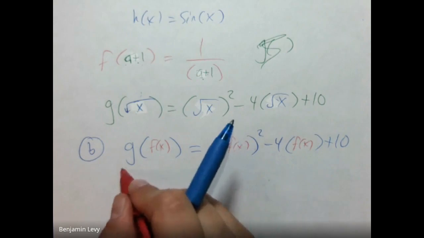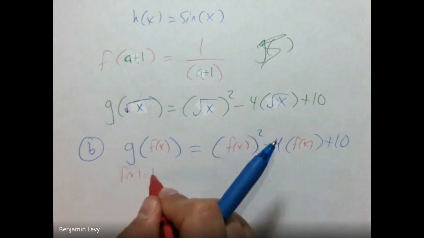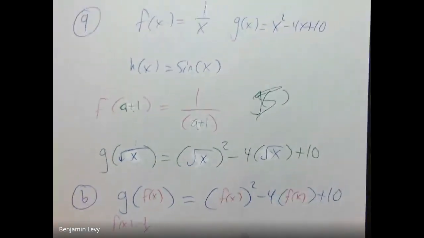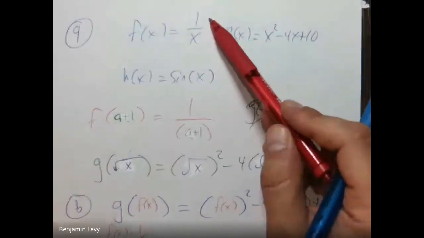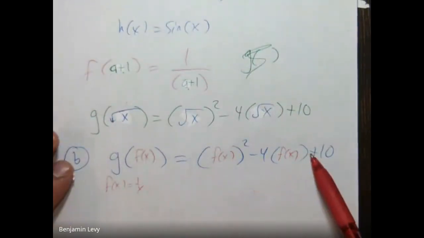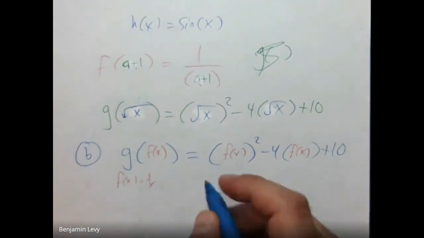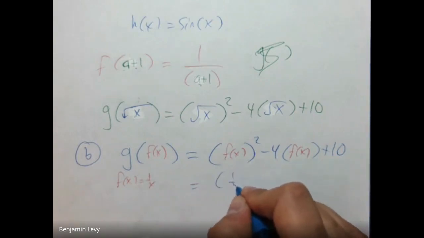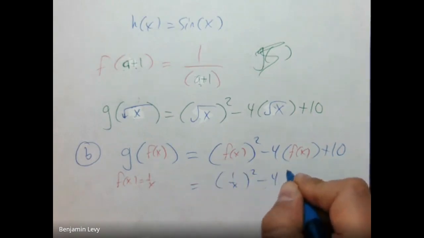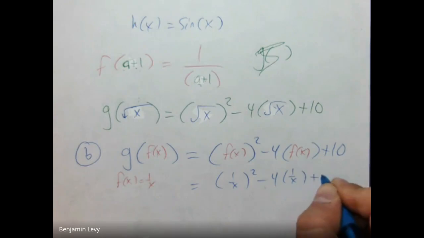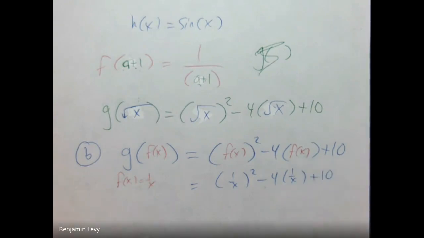Well, we know f of x is 1 over x from above. Right? F of x is the function 1 over x here. And so when I write f of x in those 2 places, it's the same thing as writing 1 over x. So this could become this then, right? This is g of f of x.